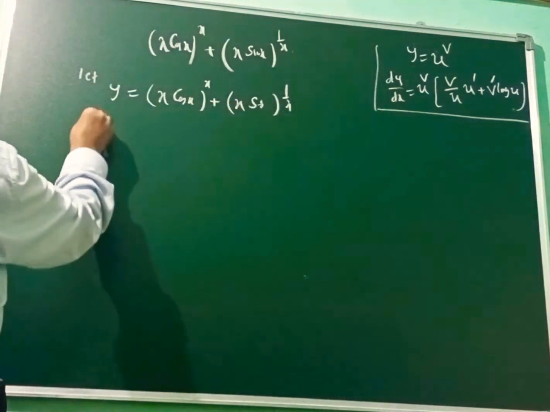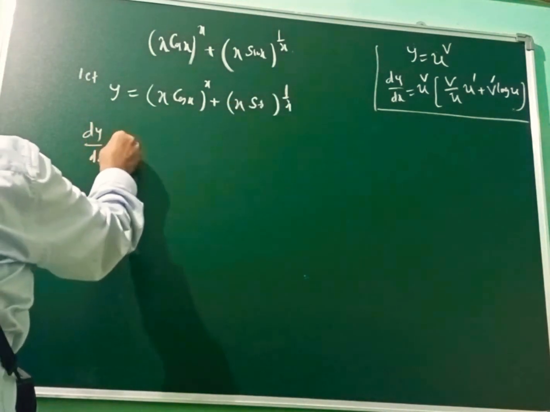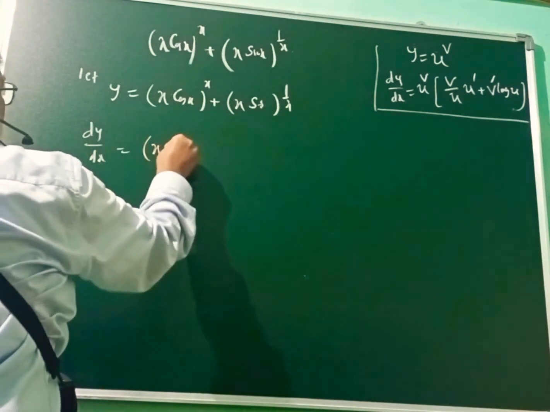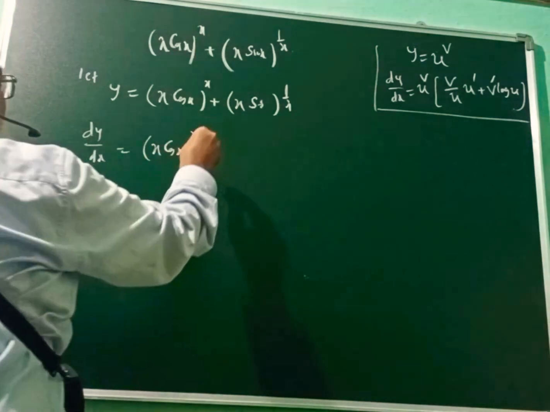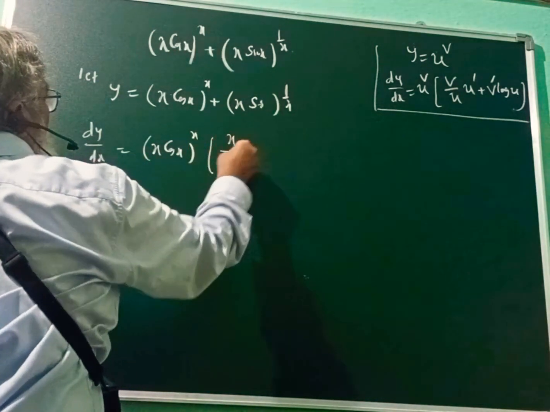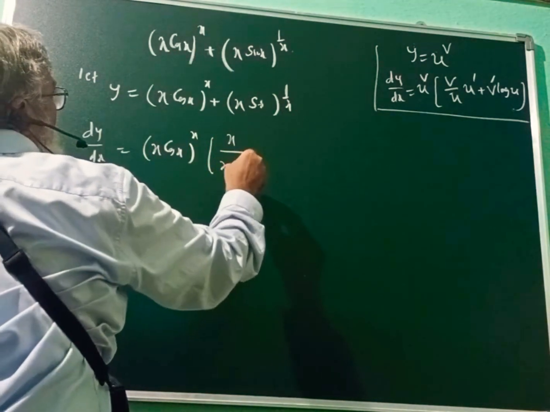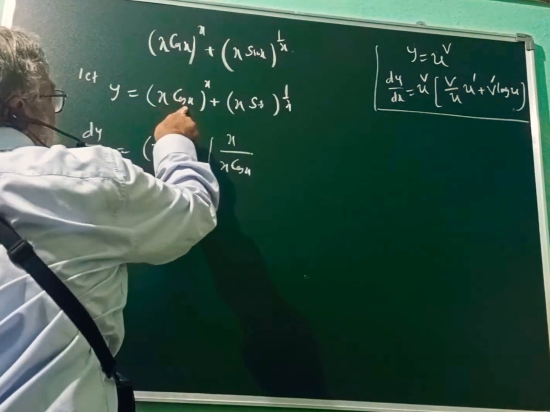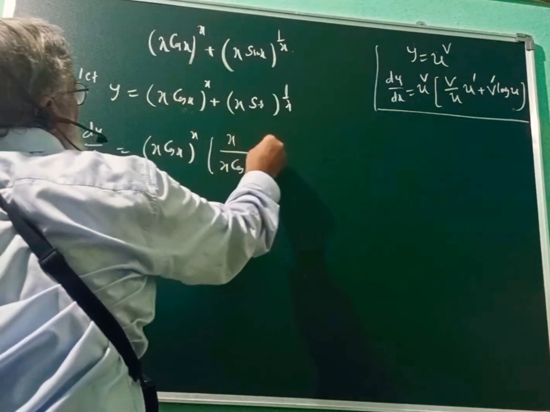Now to differentiate the first term, we apply the formula. That is, x cos x raised to x into x by x cos x into u dash. To differentiate the base here, we have to apply the product rule.